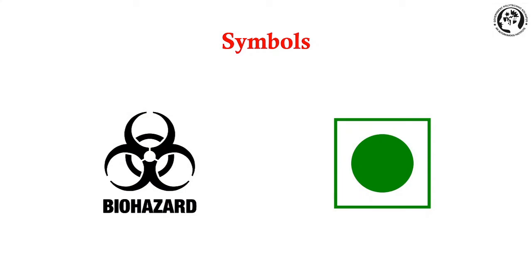Here are the illustrations of symbols. The first one is the symbol of biohazard. The second one, you might have seen it many a times on food packages. It is the sign of vegetarian.